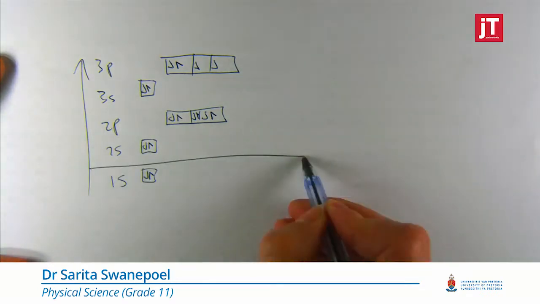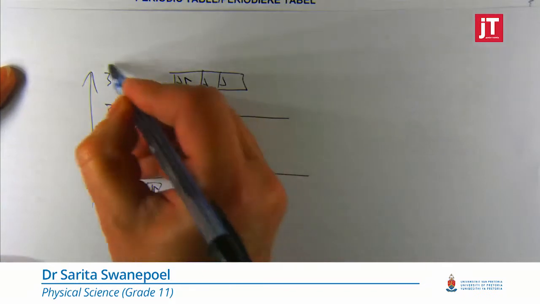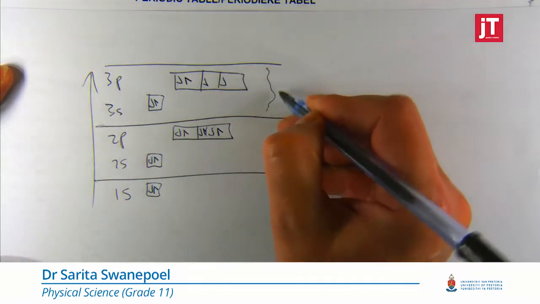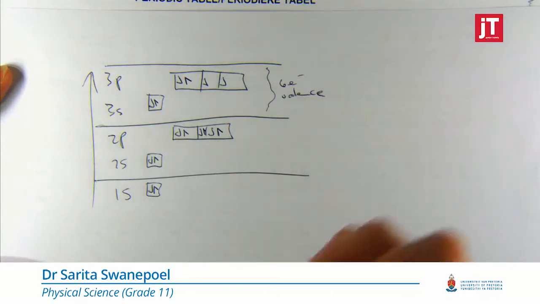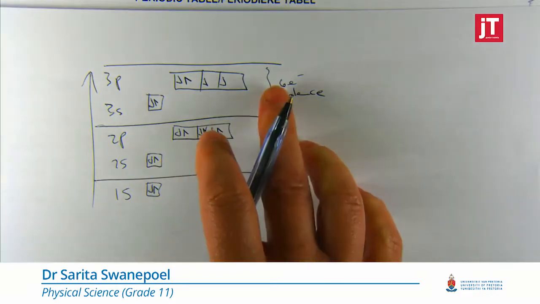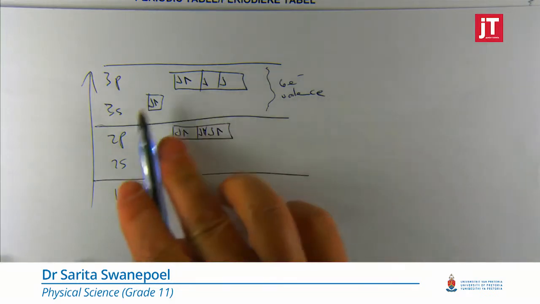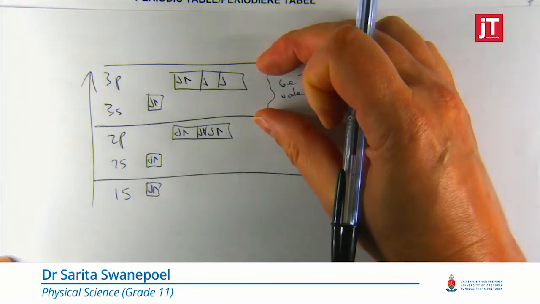So the first level is filled. The second level is filled. How about the third level? The third level has got 6 electrons that we call valence electrons, right? Now, for it to get into a stable state, it needs to be like a noble gas. So it needs a full outer energy level. What is the easiest way for sulfur to get a full outer energy level?